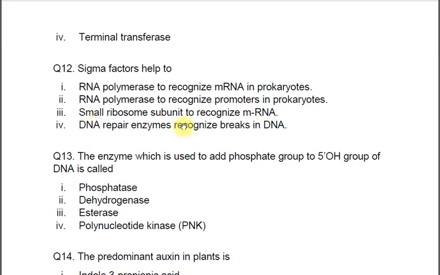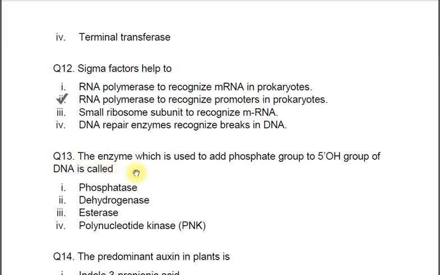DNA repair enzyme recognize breaks in DNA. So here the correct one is option number 2, which is RNA polymerase recognize promoters in prokaryotes. Sigma factors are subunits of bacterial RNA polymerase enzyme.